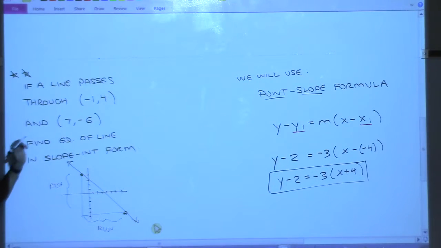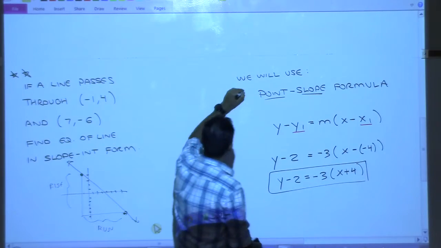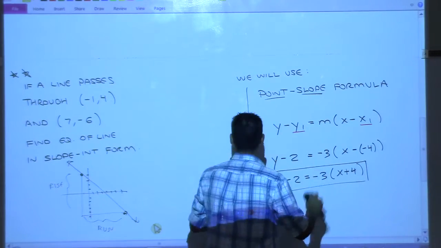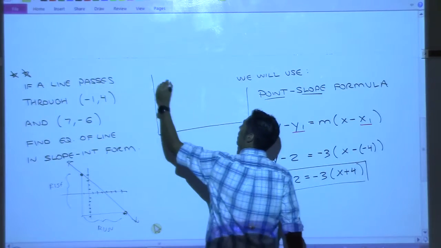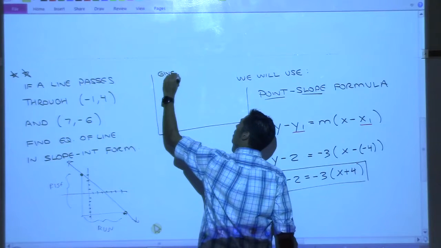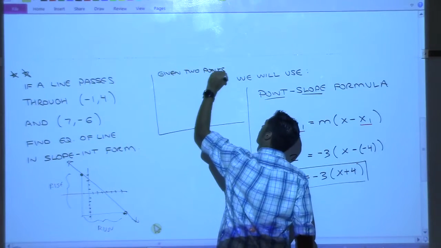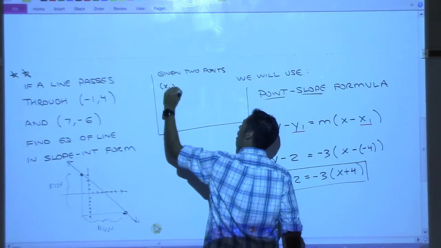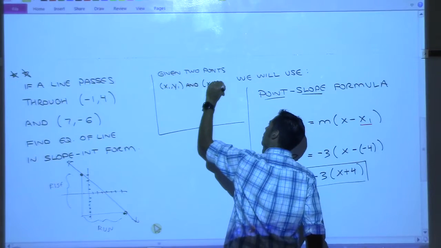All right. So here's the formula. So right now at this point, since we don't know how to do this, leave this formula here. I'm going to give you your second formula. This formula right here says given 2 points, we'll call it x1, y1, and x2, y2.